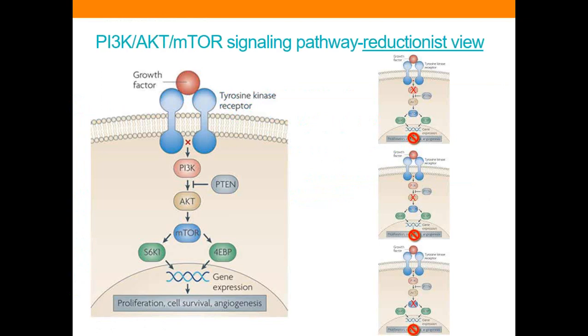So there are a number of growth factors which can activate this pathway. And once you activate this pathway, in a reductionist view, in other words, just limiting our attention to this one pathway, which kind of explains everything. That's what reductionism is.